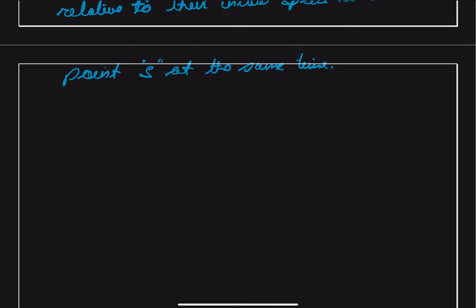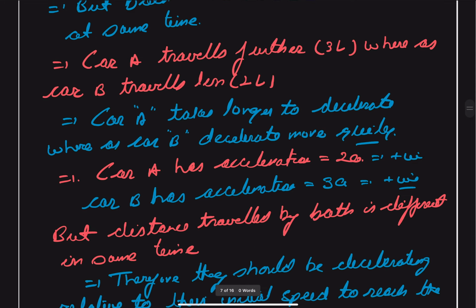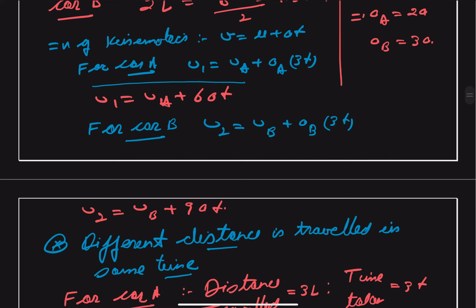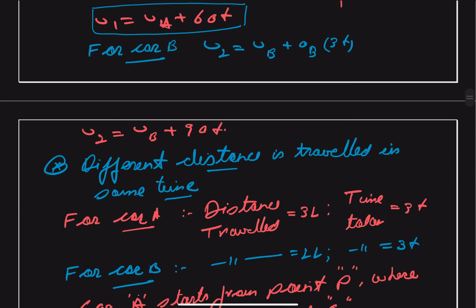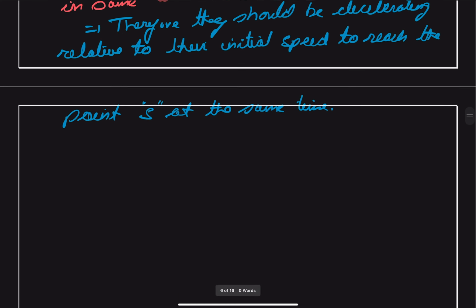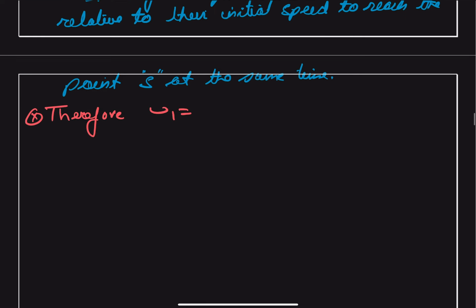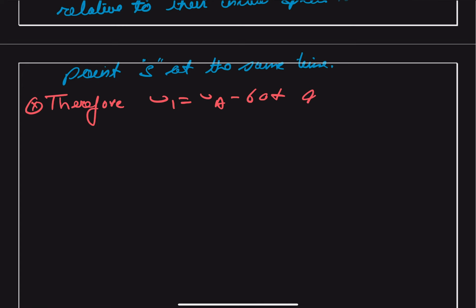So we have to modify these two equations, the equation for the velocity v1 and the equation for the velocity v2. So we are going to write it again. We can say therefore v1 will be equal to VA minus 6at and v2 will be equal to VB minus 9at.